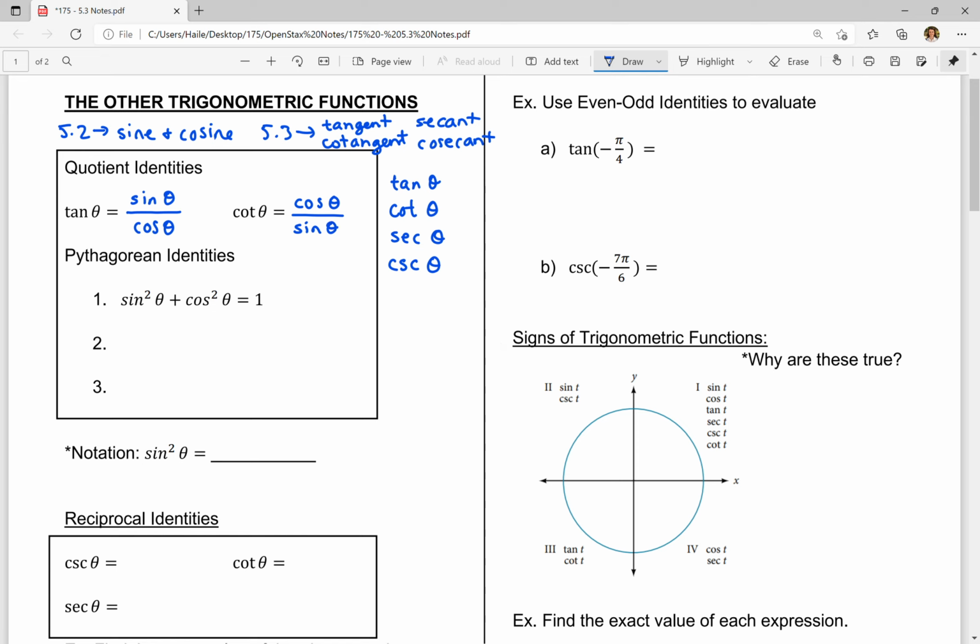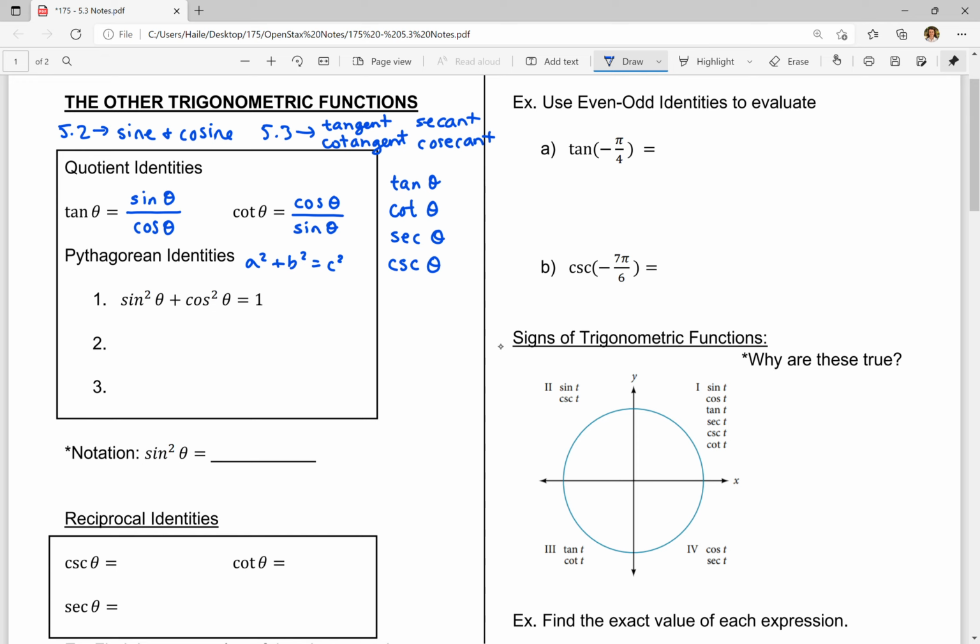Okay? Now, another type of identity that becomes really important are the Pythagorean identities. The reason we call these Pythagorean is they remind us of the Pythagorean theorem, which is a squared plus b squared is equal to c squared, that we use for right triangles.